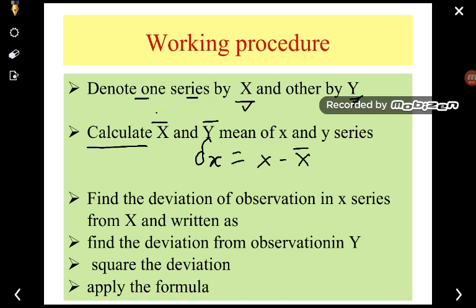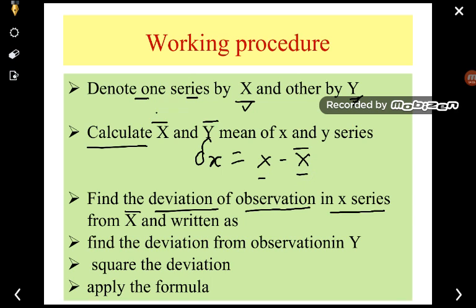The third step: we have to take the deviation of the observations in the x series from the mean, written as dx is equal to x minus x bar.